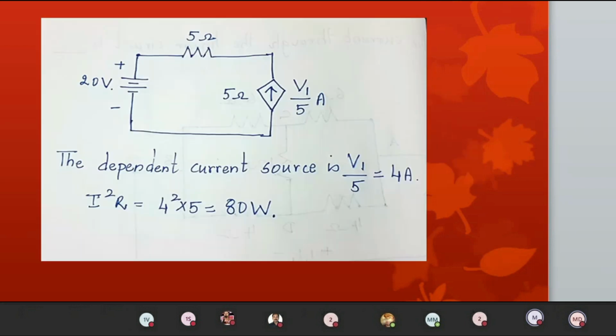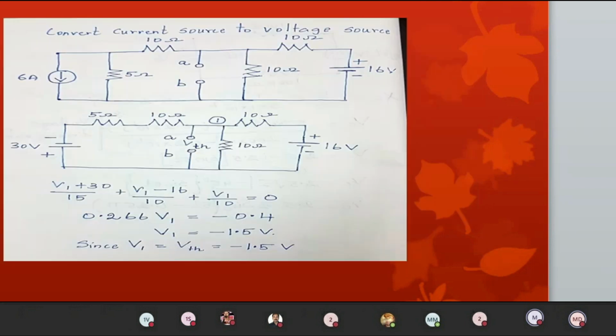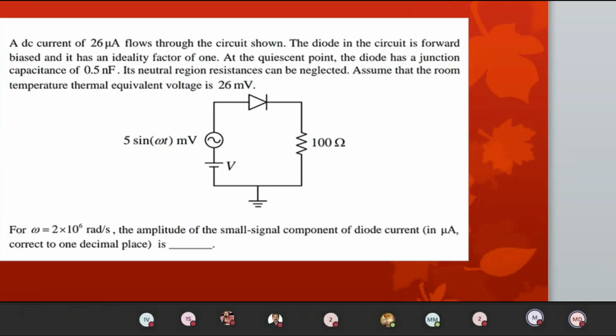Now let us go for another interesting problem. A DC current of 26 microamps flows through the circuit. The diode is forward biased and its ideality factor is 1. At the quiescent point, the diode has a junction capacitance of 0.5 nanofarad. Its neutral region resistance can be neglected.